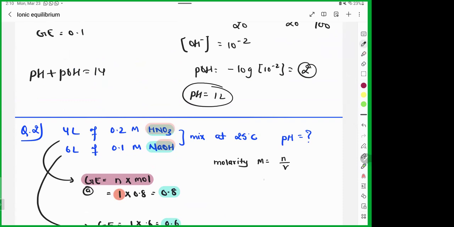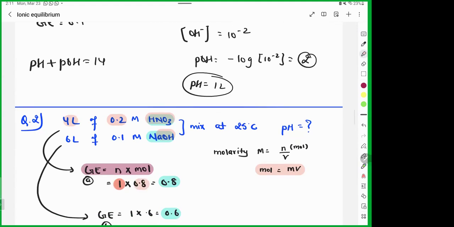So what will be the number of moles? Molarity into volume. Same thing we are doing here. Molarity 0.2, volume is 4. What will be the number of moles? Correct. So what will be the gram equivalent in case of HNO3? 0.8.